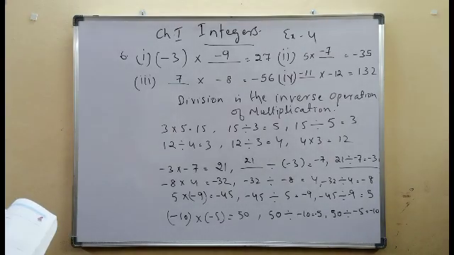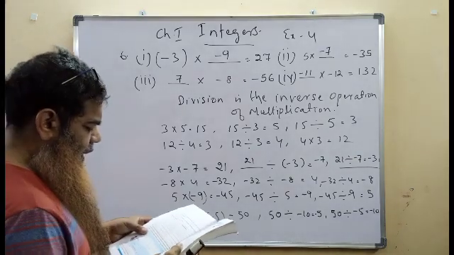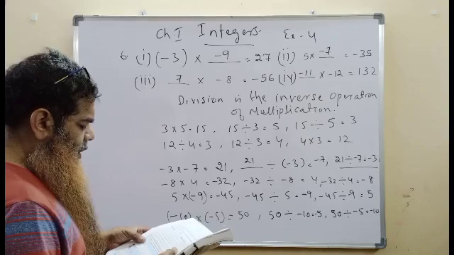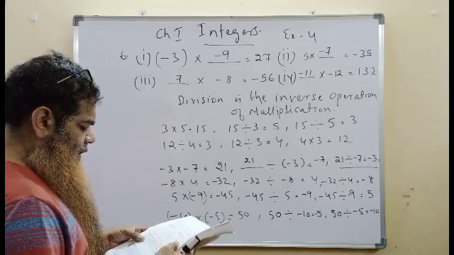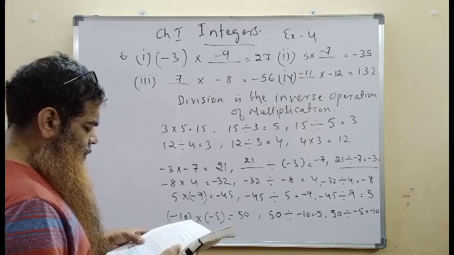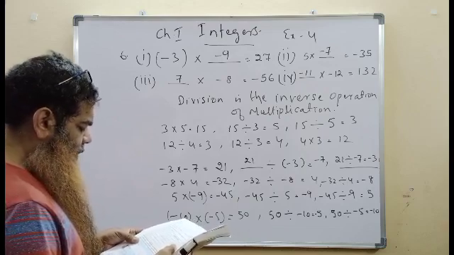We can infer from the above that when we divide a negative integer by a positive integer, or a positive integer by a negative integer, we divide them as whole numbers and then put a negative sign for the quotient.